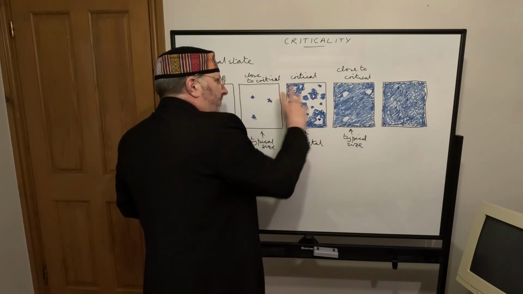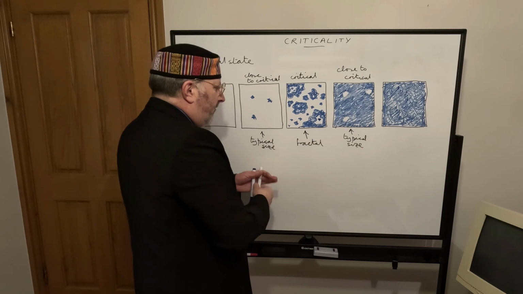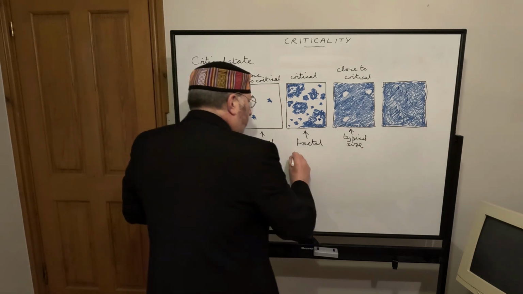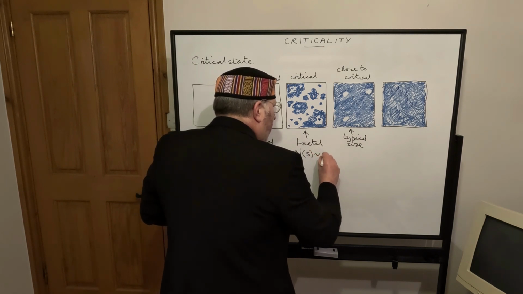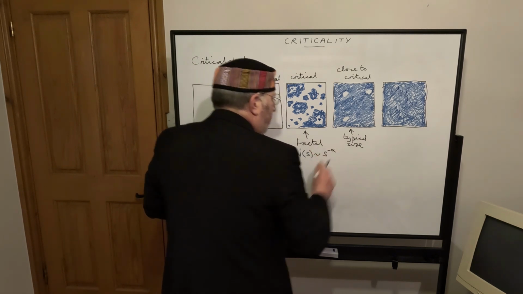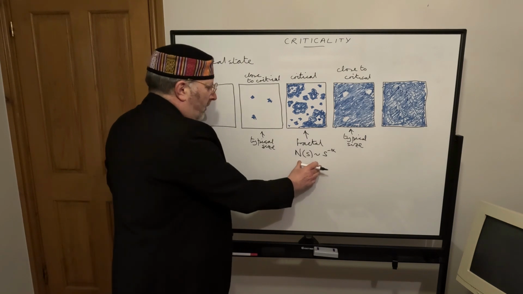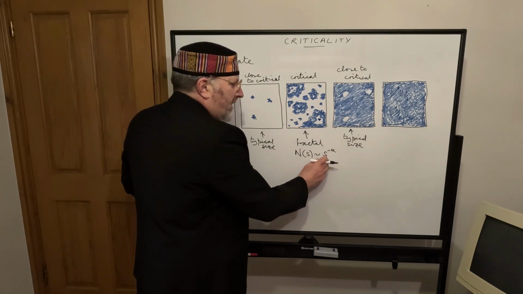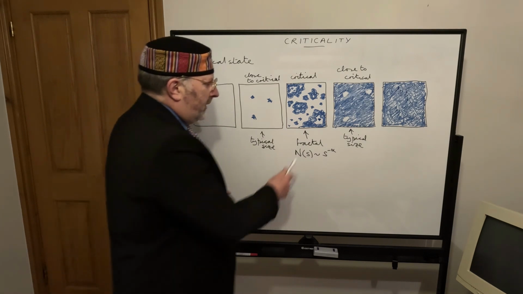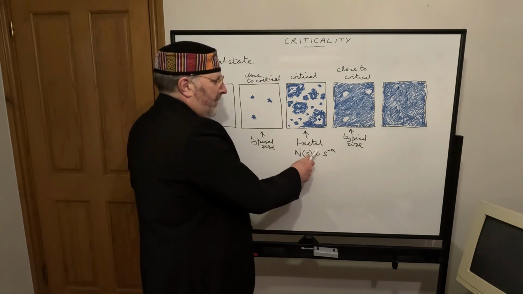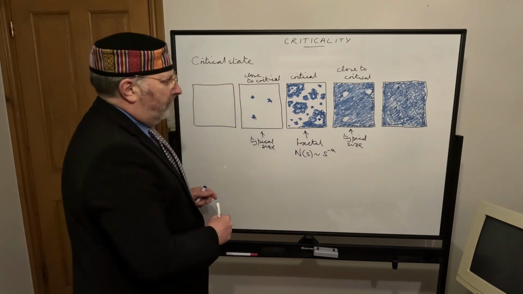So a fractal structure. And we also then find that there's a relationship between the sizes of the patches and the number of them there are. It's a power law. The number of patches of size S is proportional to S to the minus alpha, which we saw is the power law is a property of fractals.